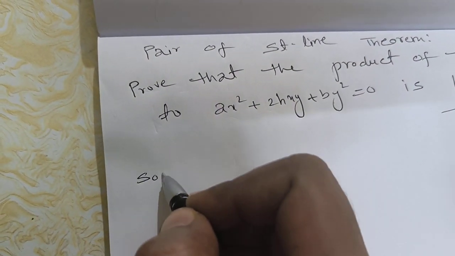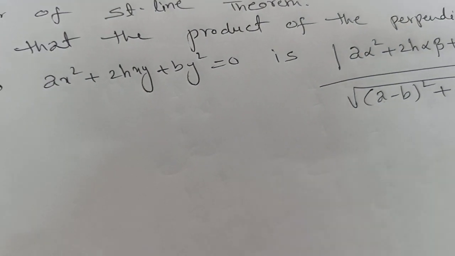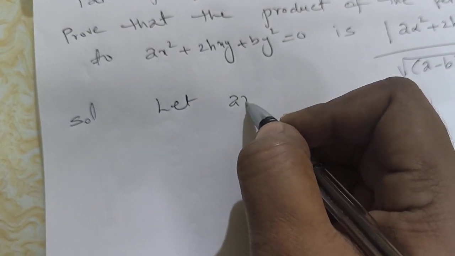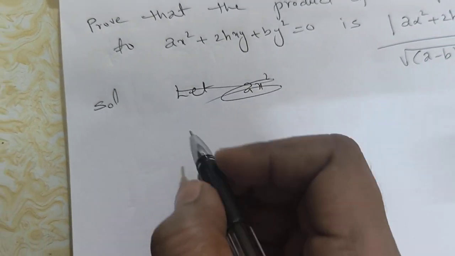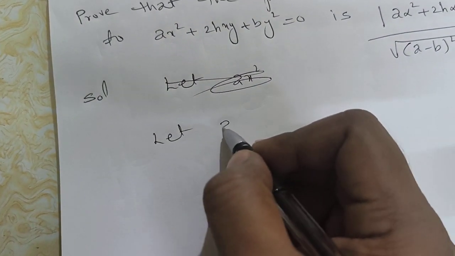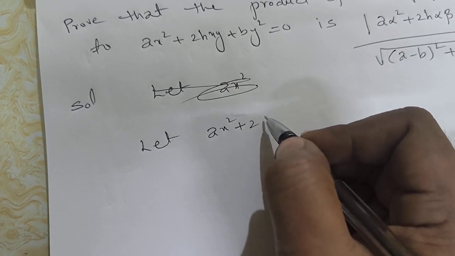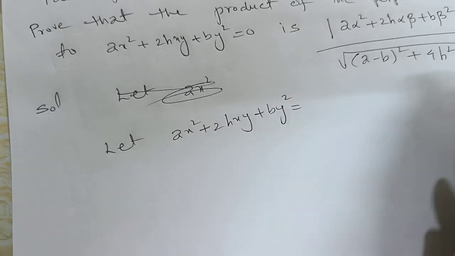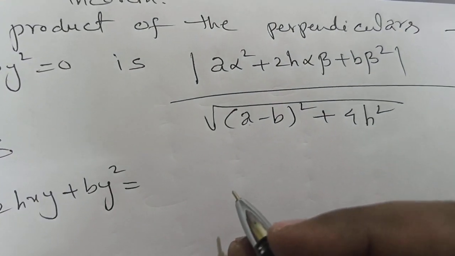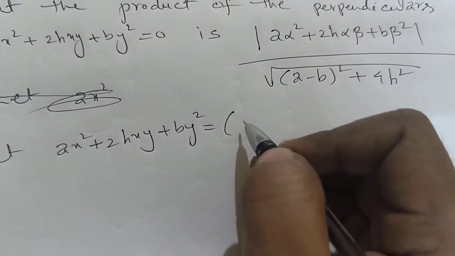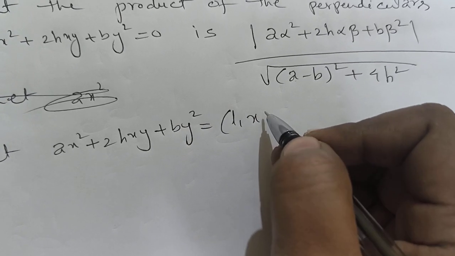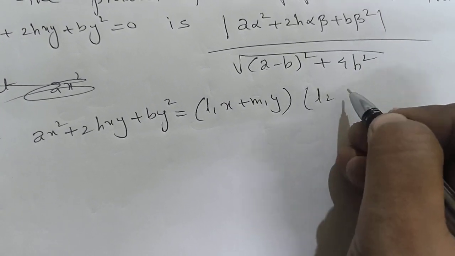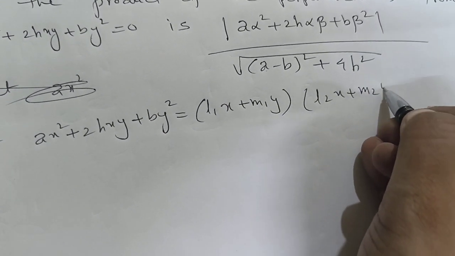So first we will write the given equation. Let ax square plus 2hxy plus by square is equal to L1x plus M1y. We are taking two lines L1x plus M1y and L2x plus M2y.